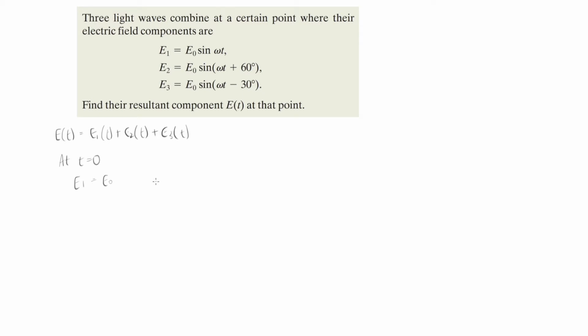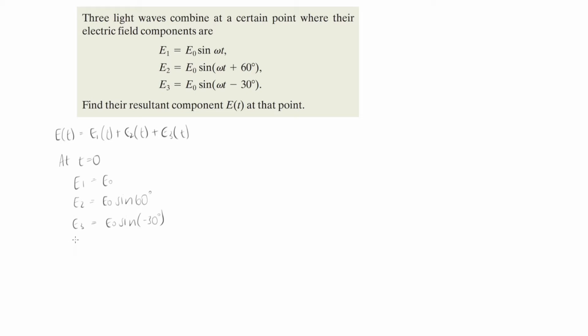It's not going to have shifted away from the horizontal axis. And then E2 is going to be E0 sine 60 degrees, and E3 is going to be E0 sine negative 30 degrees.